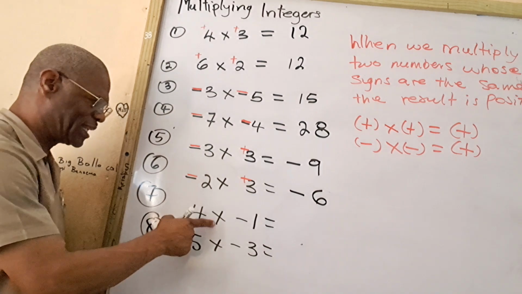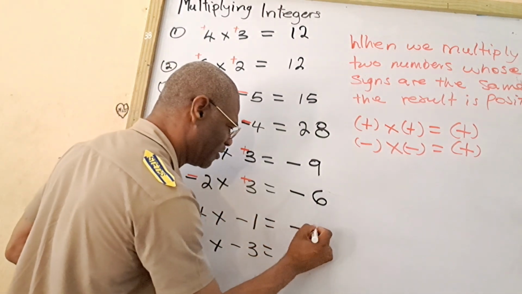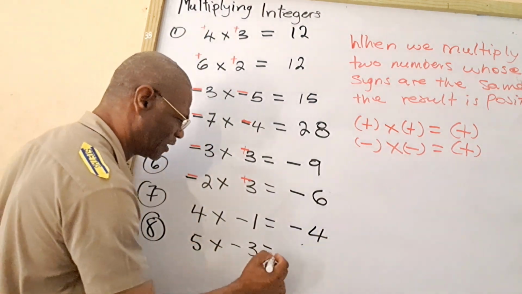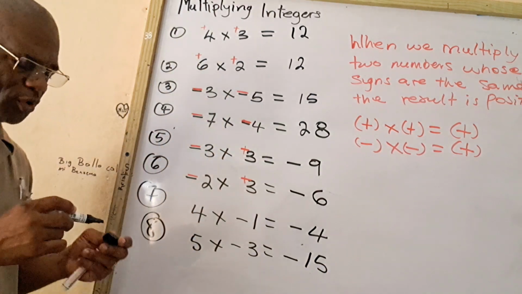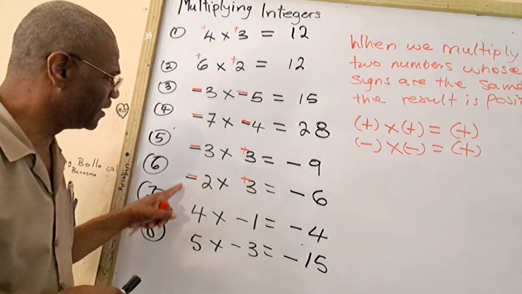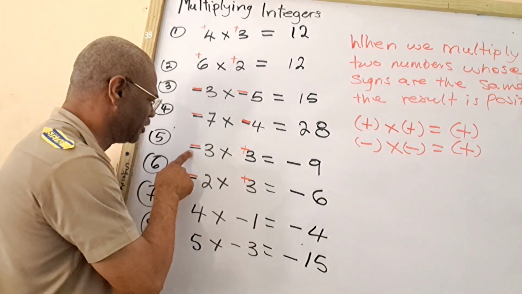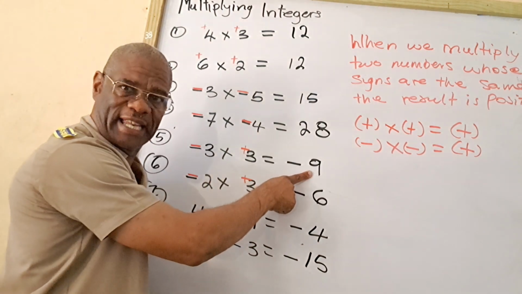Now let's go to the others. We have 4 times negative 1. 4 times negative 1 is a negative 4. Then 5 times negative 3 gives us negative 15. From this set, we can conclude that when we multiply two numbers, notice the signs are different, and the result is negative.